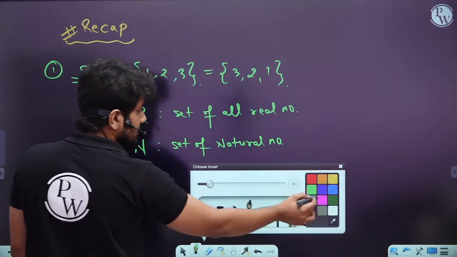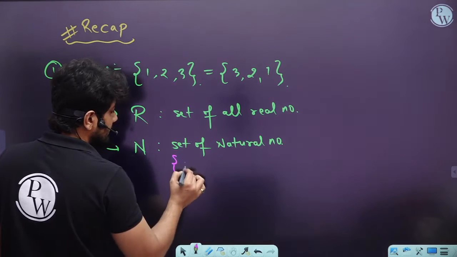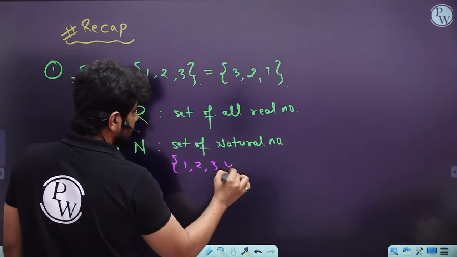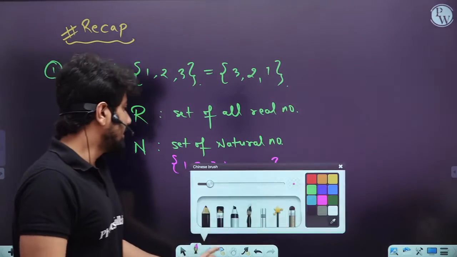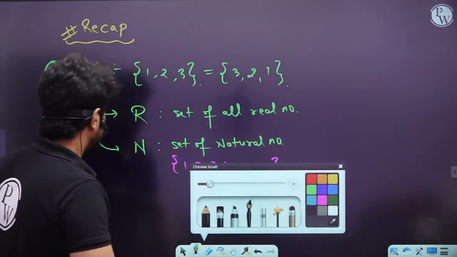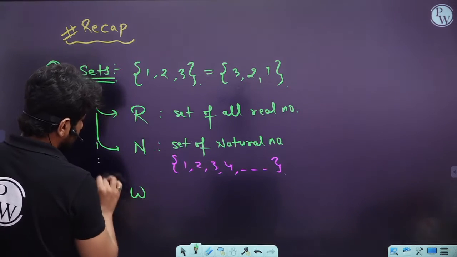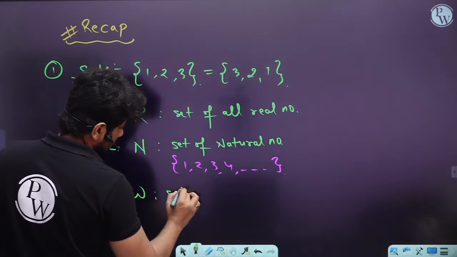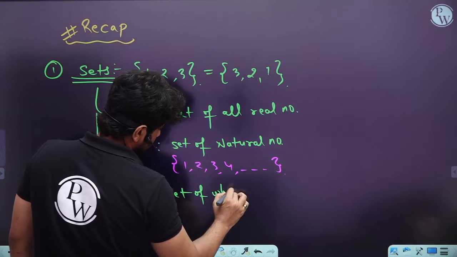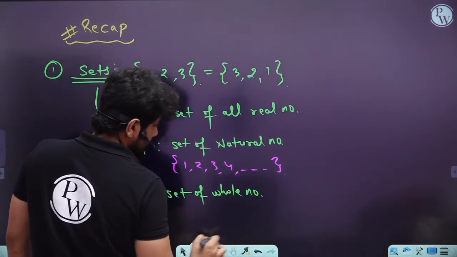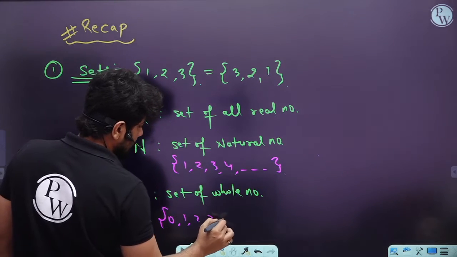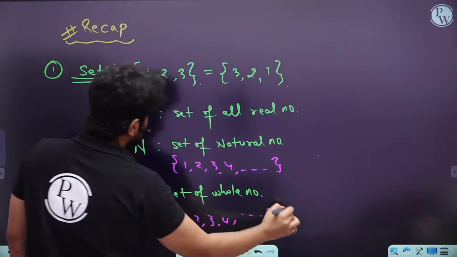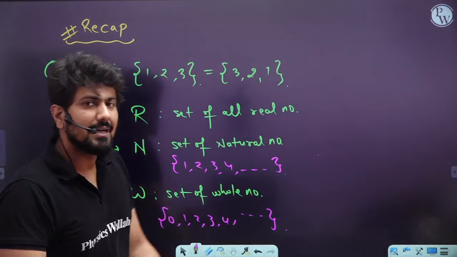Set of natural number can be represented like 1, 2, 3, 4 and so on. I hope all of you know that 0 is not included in natural number. Then we represent W, which is set of whole number. In the set of whole number, we have 0, then 1, then 2, then 3, then 4, and so on. So this is basically what we mean by set.